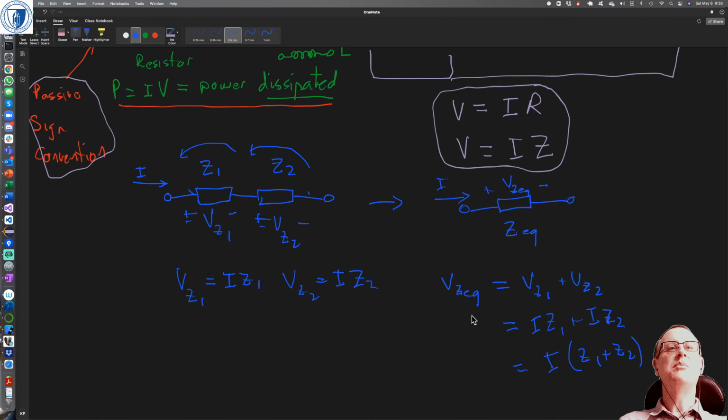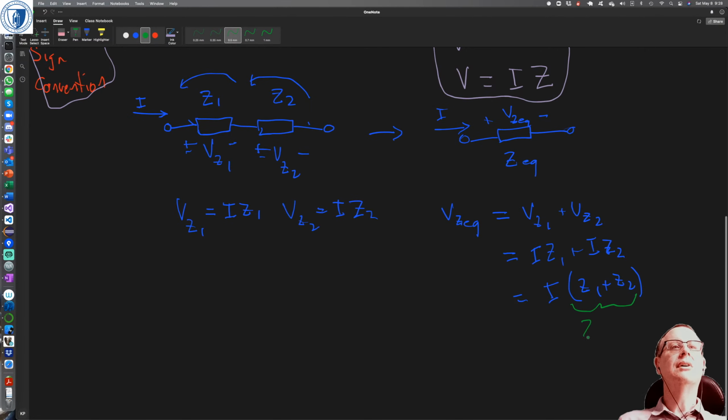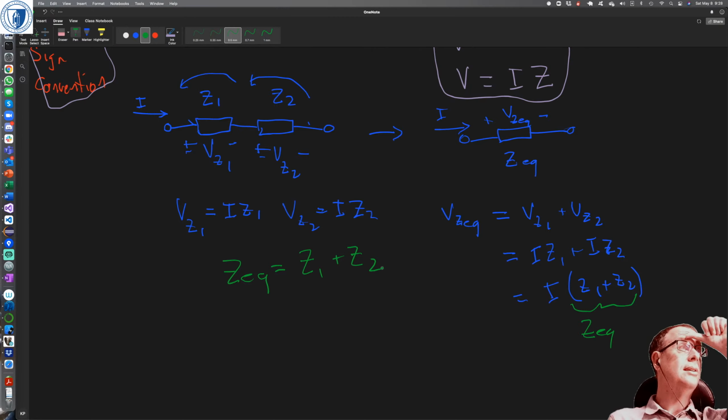And from that relationship, we should be able to see that this is just the equivalent impedance. Right, so the equivalent impedance for series impedances is just Z1 plus Z2.